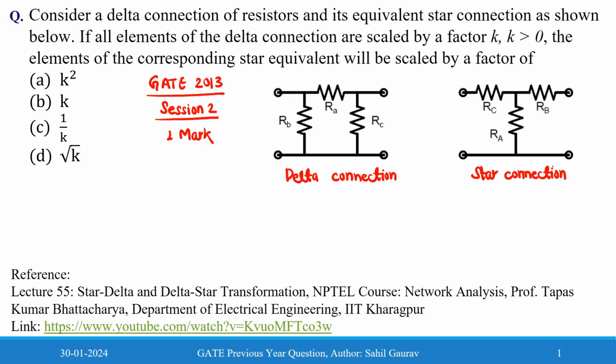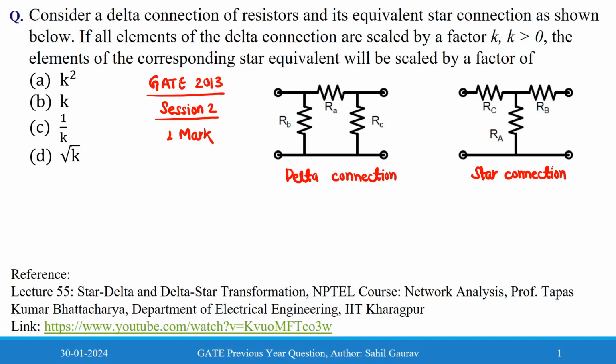If you want the detailed concept behind this problem, you can refer to NPTEL lecture number 55, star delta and delta star transformation. The NPTEL course is Network Analysis by Professor Tapas Kumar Bhattacharya, Department of Electrical Engineering, IIT Kharagpur. The YouTube link is also shown over here.